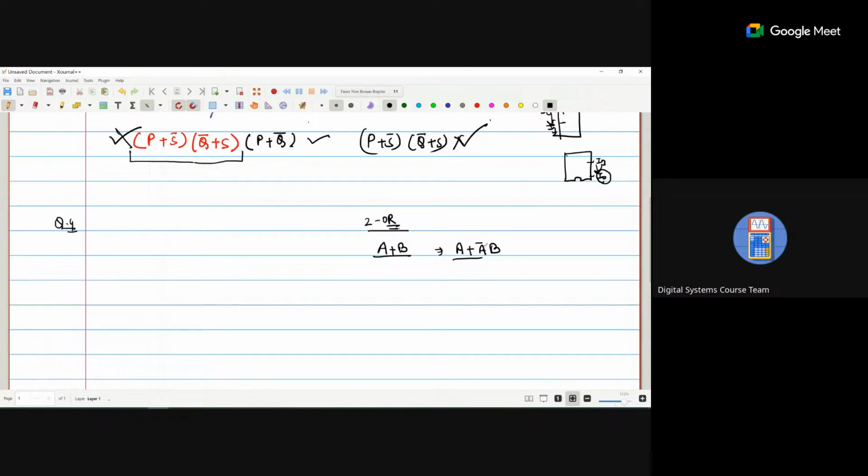Because according to the distribution law, A plus A bar B is what? A plus B. Any doubt?